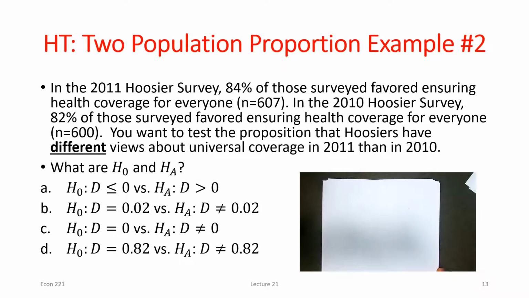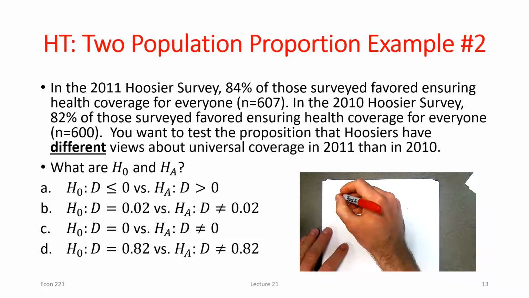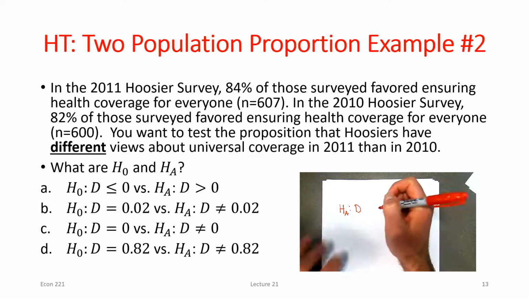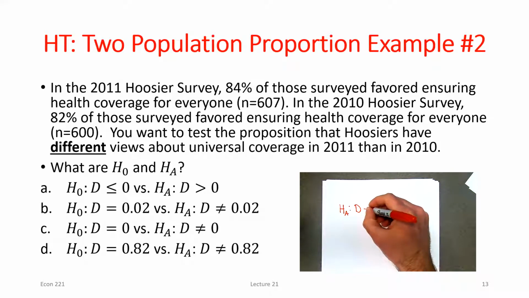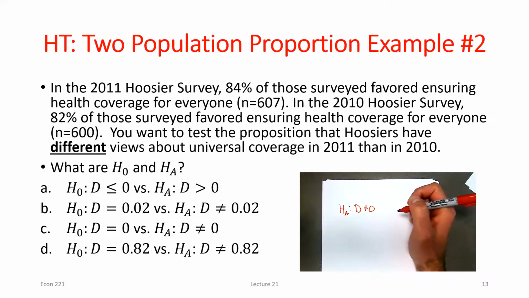All right, so what I want to test for is whether or not that difference is, well, if I'm thinking about different views, I'm just saying, is the difference between them anything other than 0, or is it not equal to 0?